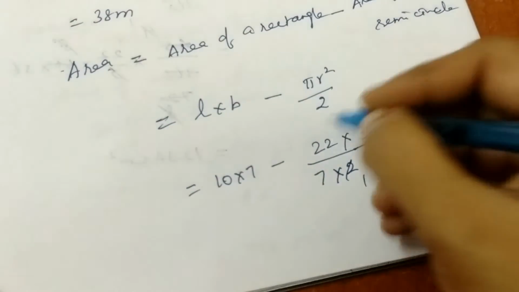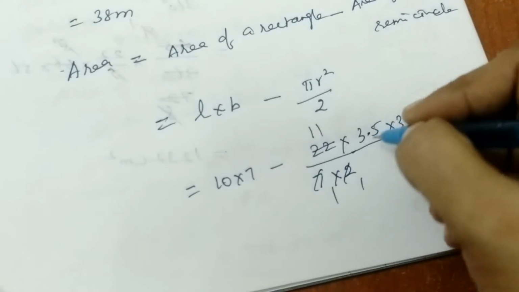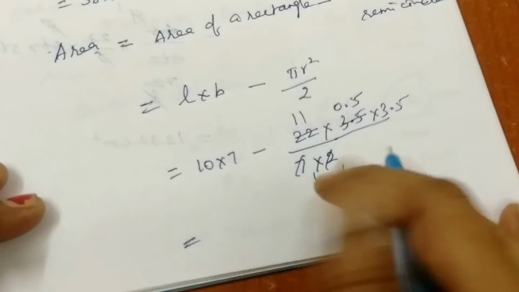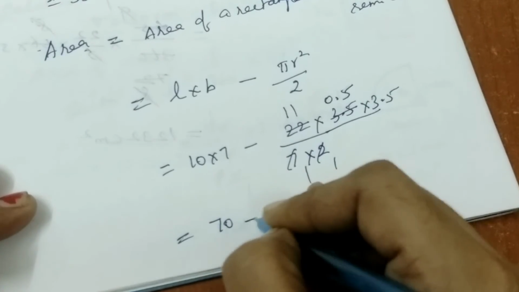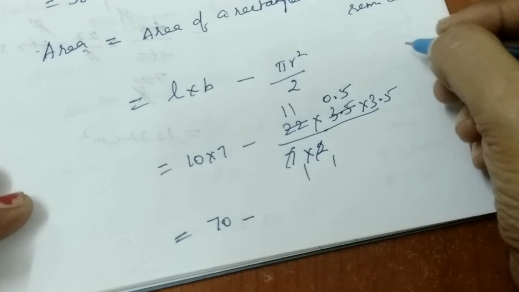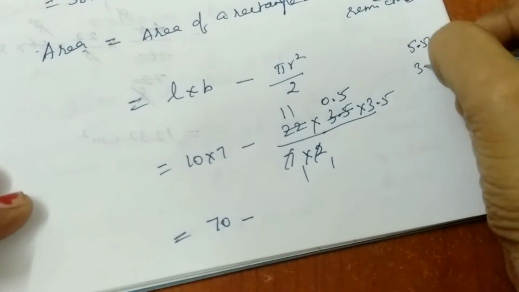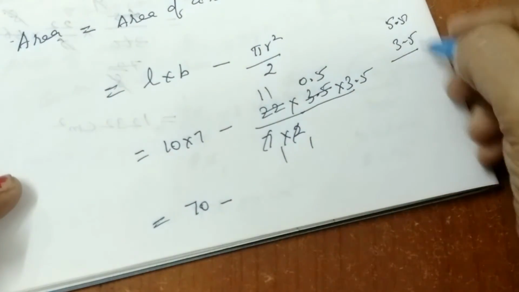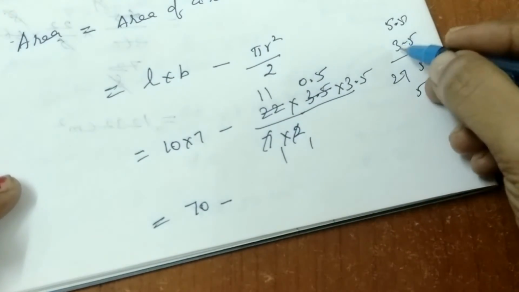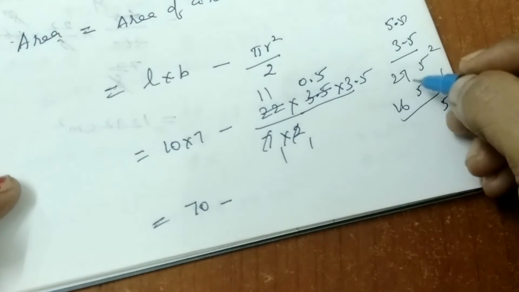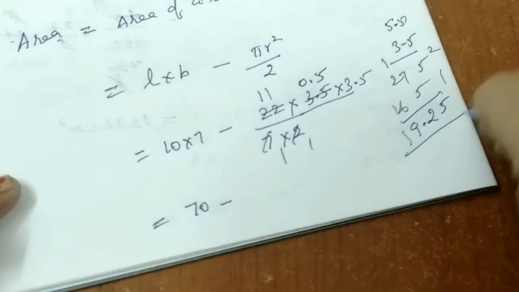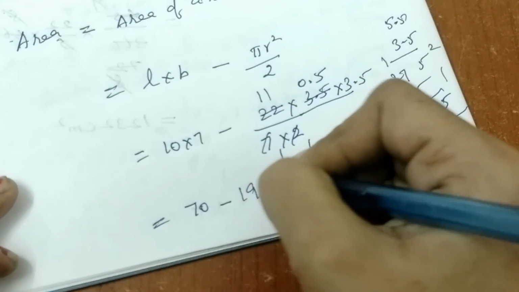Multiplying, 10 into 7 is 70, minus 5.5 into 3.5, which is 19.25.